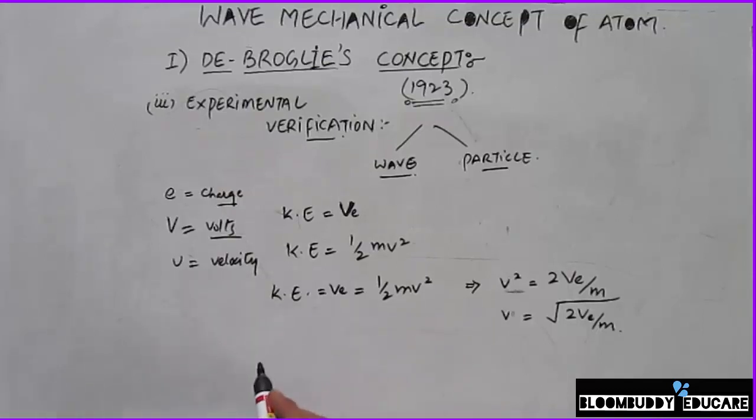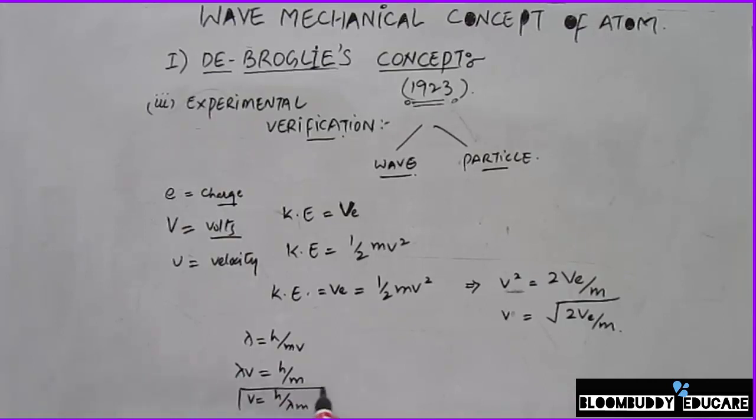And in this equation, if we try to put the values of V, which are obtained from the de Broglie's equation, lambda is equal to h by mv, so from this equation we can know the values of V, or in other words I can say lambda into V is equal to h by m, which implies that V is equal to h by lambda m.